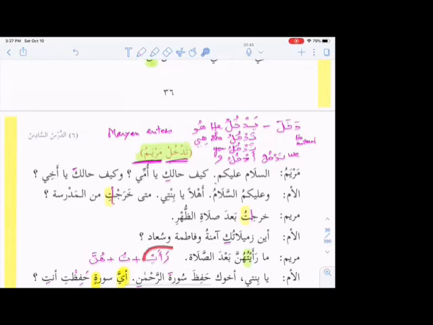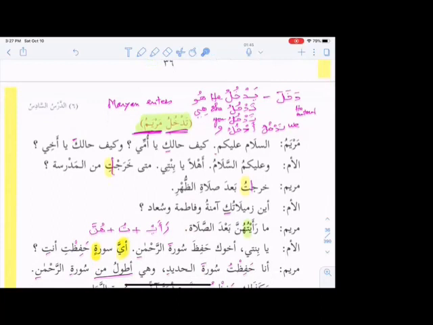What is your verb? Ra'i. And then tu, that is the fa'il. And then hunna is a pronoun representing all these three classmates. Ma raytuhunna, I did not see them ba'da salati.